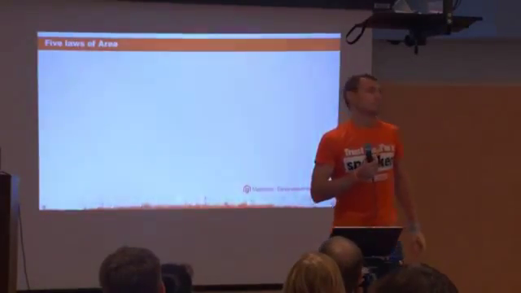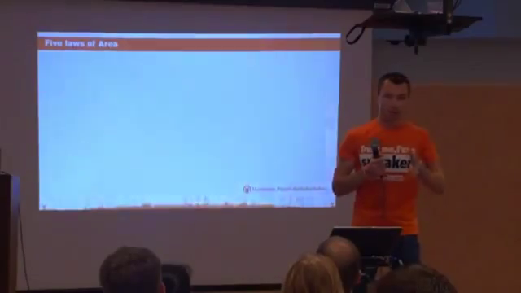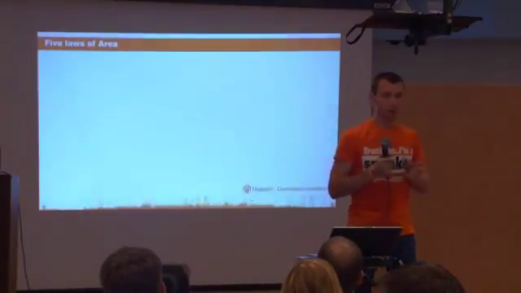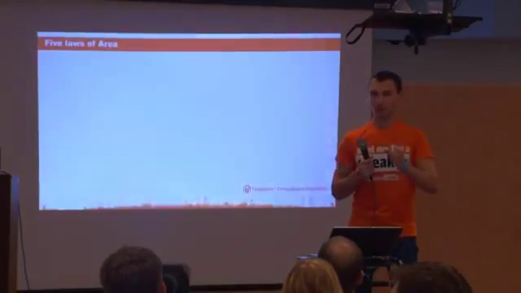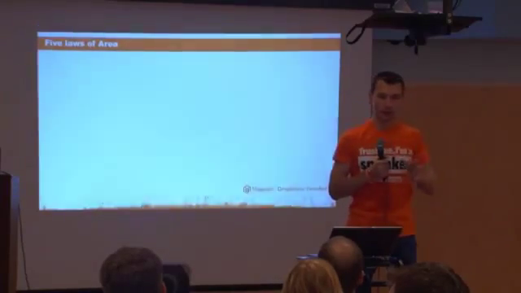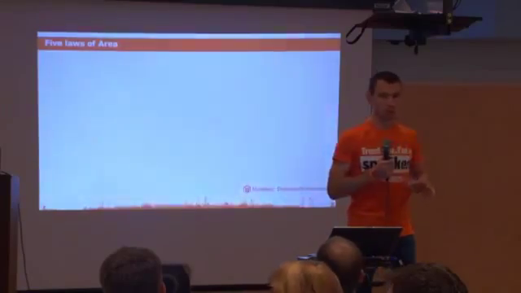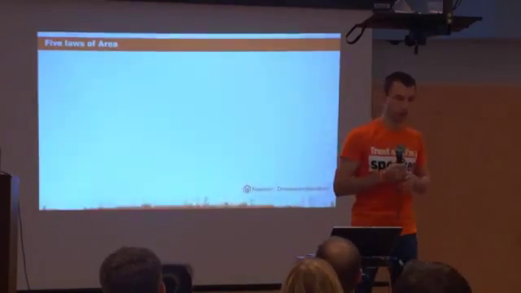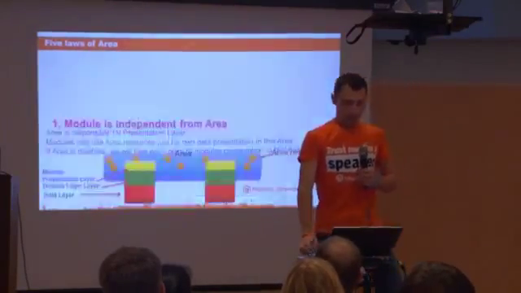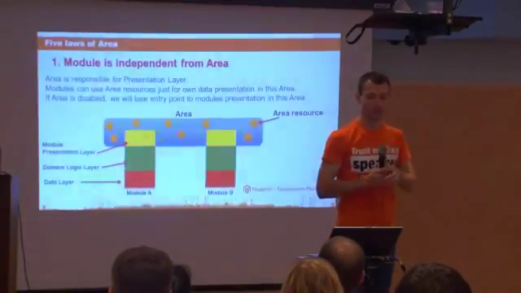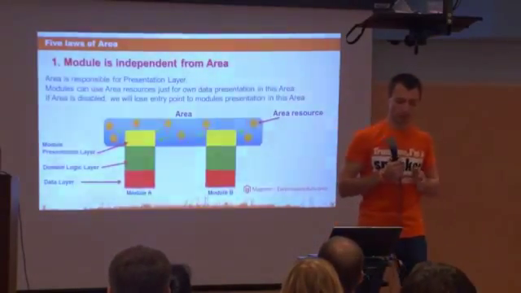Working on the area concept creation in Magento 2, we have defined a list of requirements which each area has to meet. And these requirements in Magento 2 are named the five laws of area. The first law: the module is independent from area.